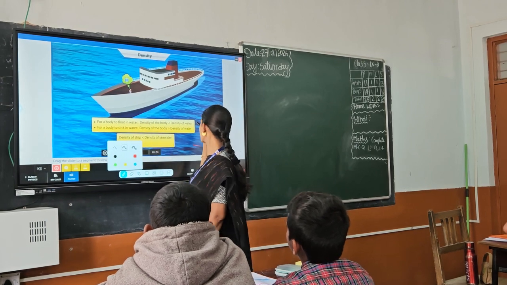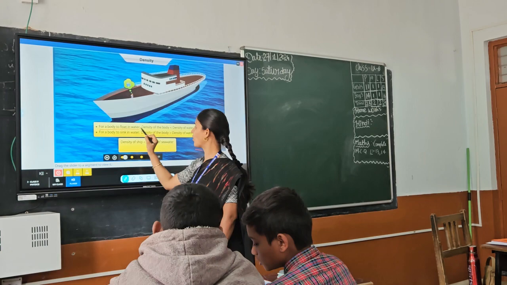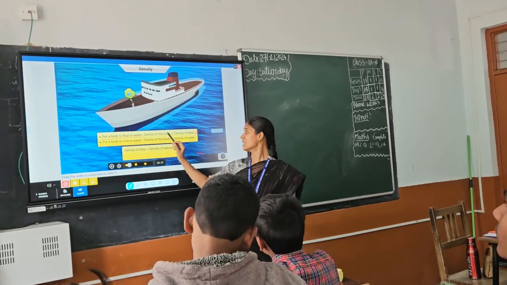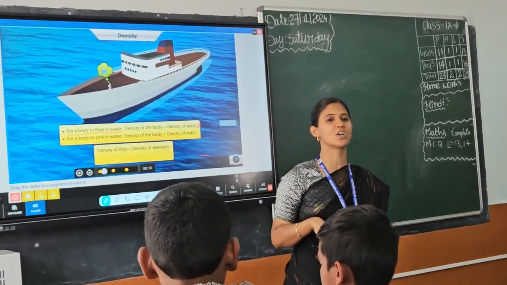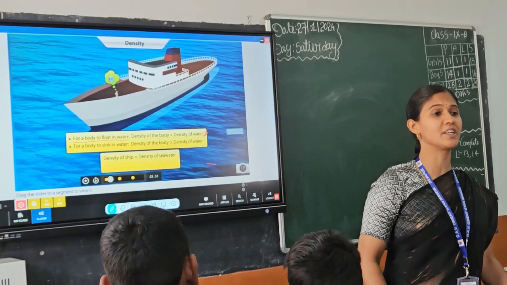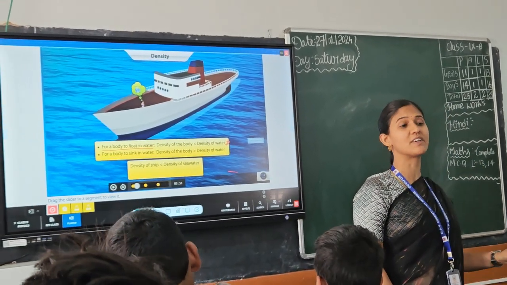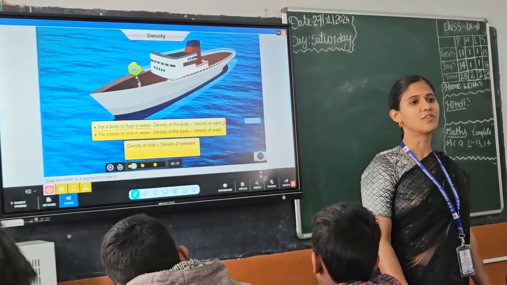So see children, note this point. For a body to float in water, the density of the object must be less than the density of water. When you compare with water, if you take any object and its density is less, then it will float.